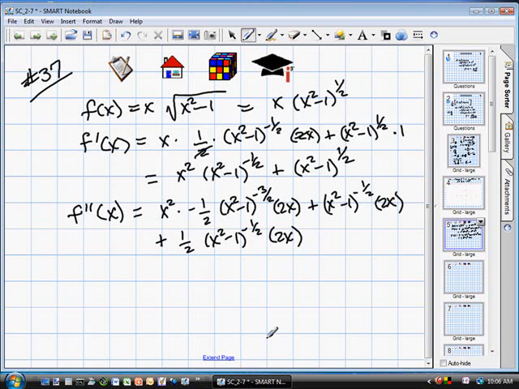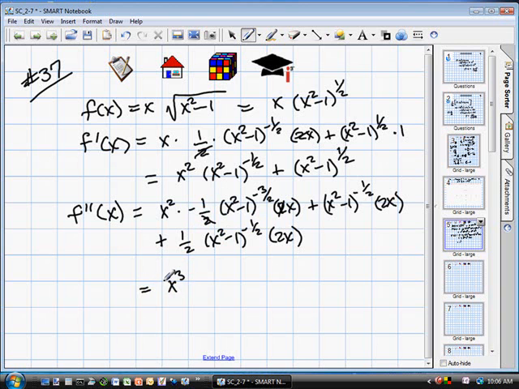Okay, now because I next need to set this equal to 0, I really need to algebraically get this into some better form here. So let's start working on this term here. Once again, the 2 and the 2 over here will cancel. And now I'm going to have an x squared times an x. That's an x cubed.